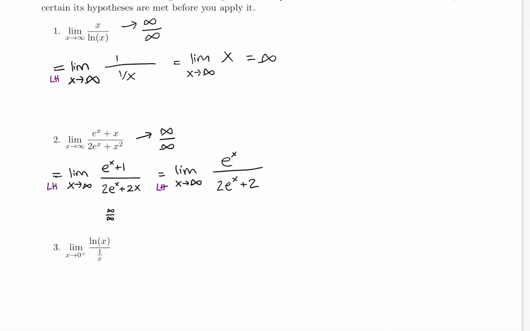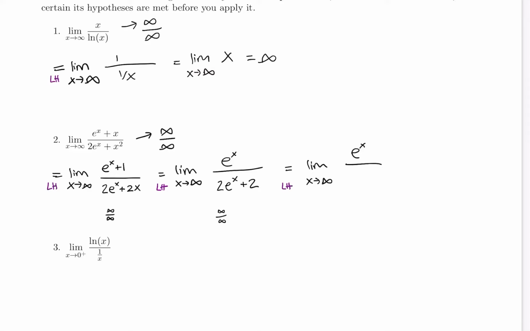There is an alternative, which I will show you in just a minute, that you might like better. But again, because this is infinity over infinity, let's do it one more time. It really seems like we're having to do this a lot, but at least taking the derivatives of exponentials is not so bad, because now in the numerator we just have e to the x.